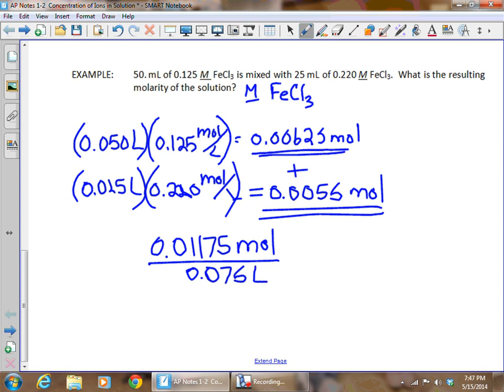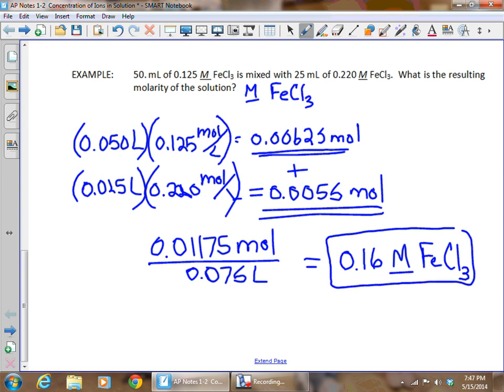And if I can just get this answer written, it will be done. 0.1626 molar FeCl3 total concentration. So we made it. A little slow at the end, but we're done.